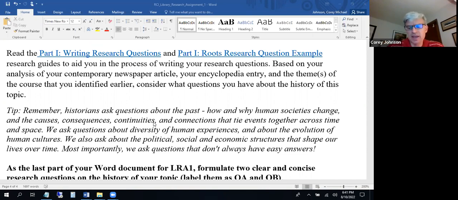I also want to draw attention to the last line here, that historians ask questions that don't always have easy answers. So that's another important element you need to think about, that you're not asking questions that have answers that someone can look up and simply say those are the definitive facts about that question. Typically, they are things that are far more open-ended.